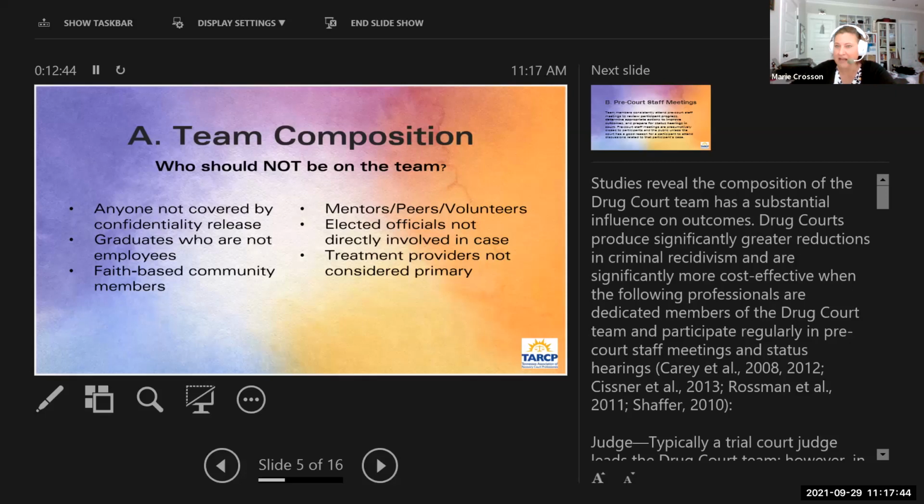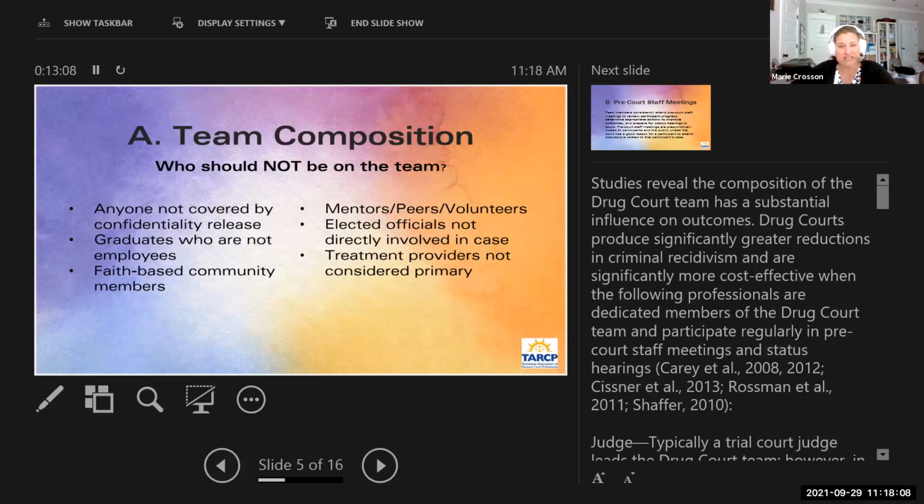They should not be listening to personal and private information about individuals and their treatment. They should not be giving advice to the court or to treatment about a person's progress and participation in the program. They play a role in programs. They should not be on a team.